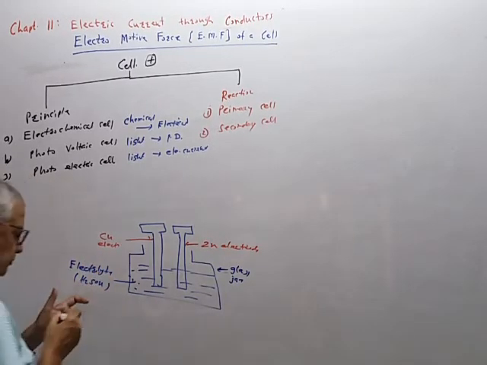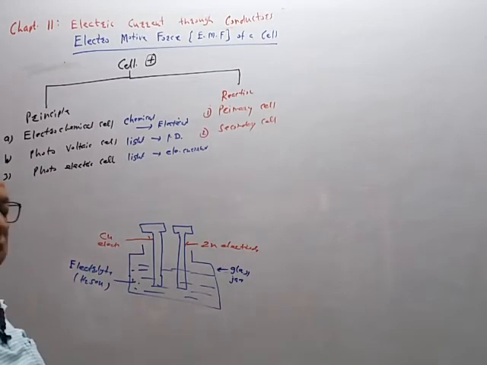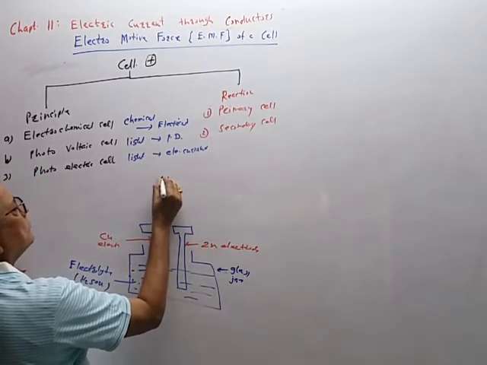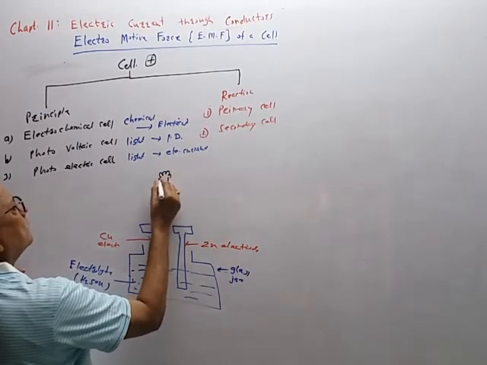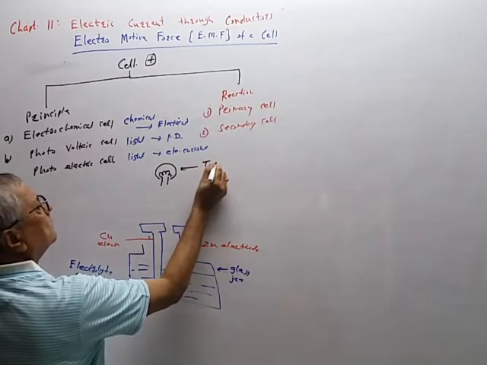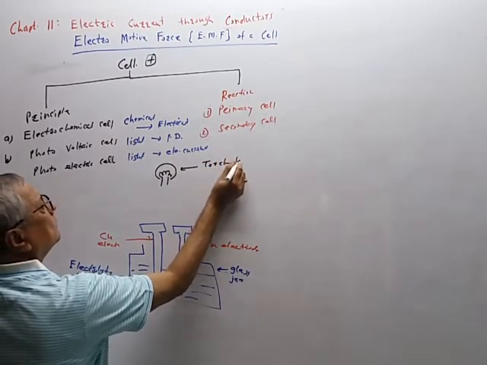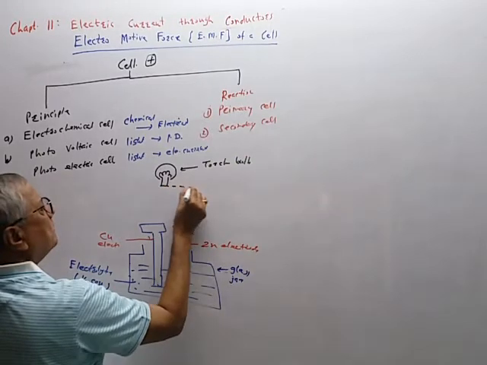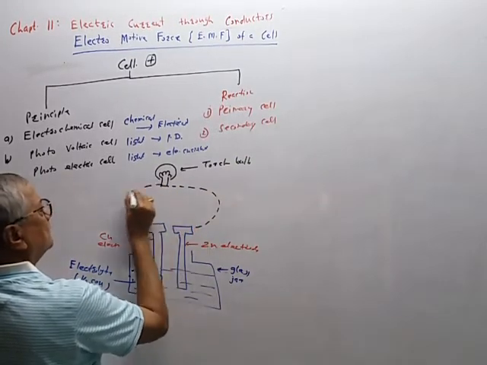Now, suppose this is a bulb used in the torch. So this bulb is connected here.